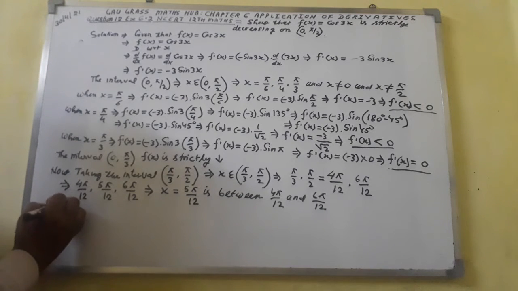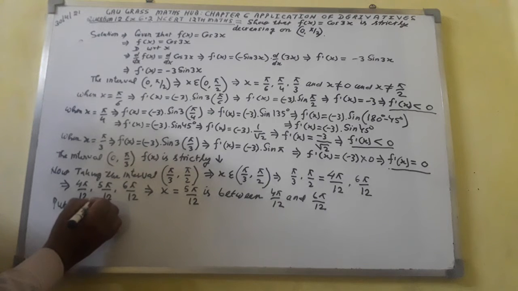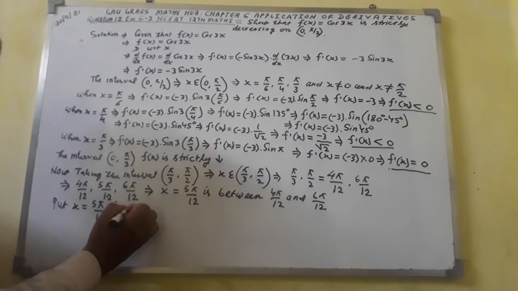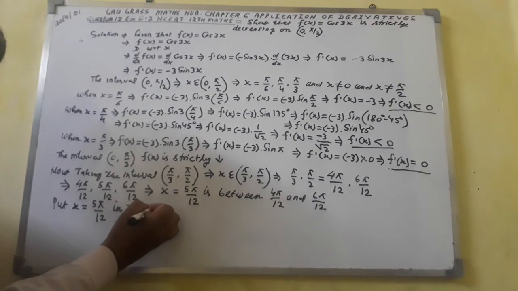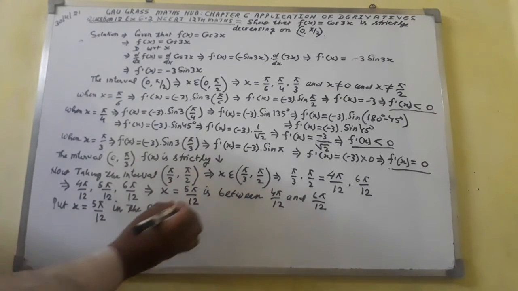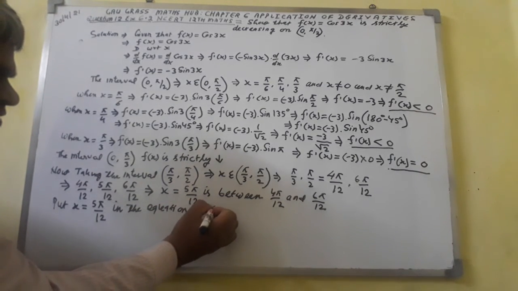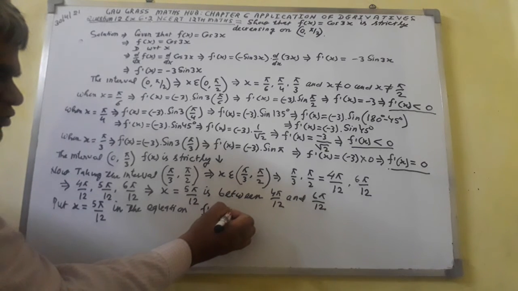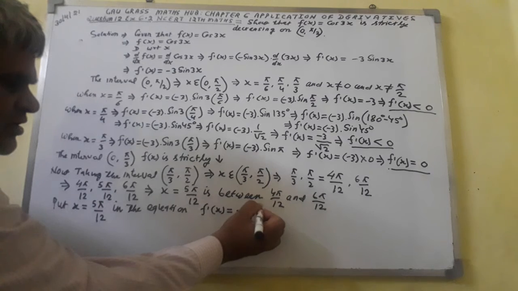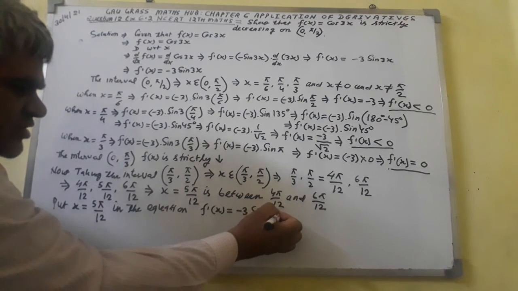Here I shall put x equal to 5 pi over 12 in the equation f dash of x is equal to minus 3 sine 3x.